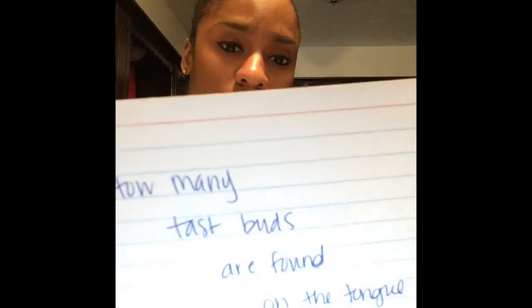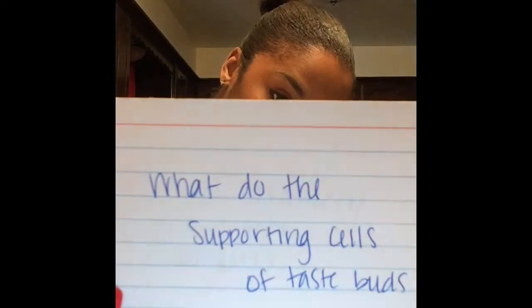How many taste buds are found on the tongue? Approximately 10,000. 3 major cell types in taste buds. Supporting cells, basal cells, and gustatory cells. What do the supporting cells of taste buds do? Insulate the receptor. What are the basal cells in taste buds?